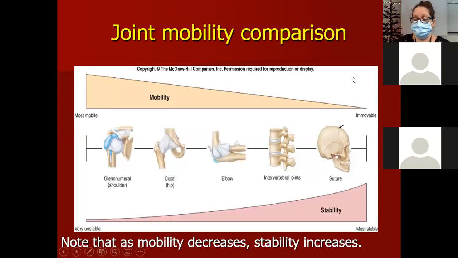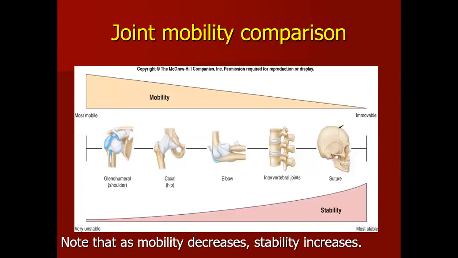There is a trade-off for mobility and stability, and I have told you this multiple times already, but the more mobile a joint is, the ball and socket joint of our shoulder being the most mobile joint in the human body, the least stable it is. It's a trade-off. This gives me the most movement that I could possibly have, but it's also easily damaged and dislocated.